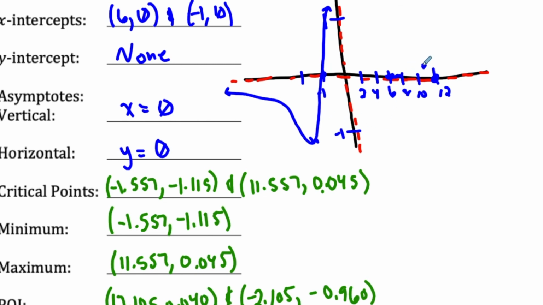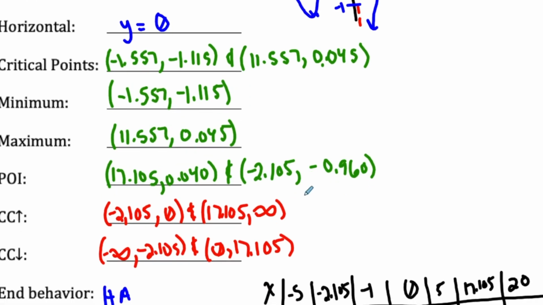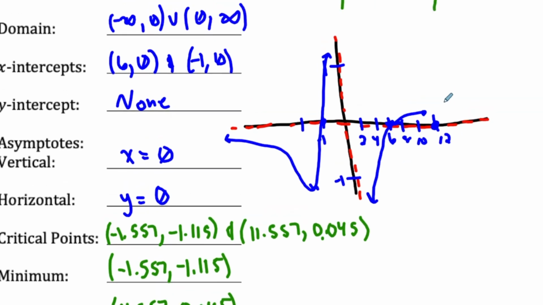Over here, I have a max right here, and then it's going to cross through my point at 6 and go down. And then if we look at our concavity, we know that everything after 17, where we would have our point out here somewhere like here, changes to concave up.